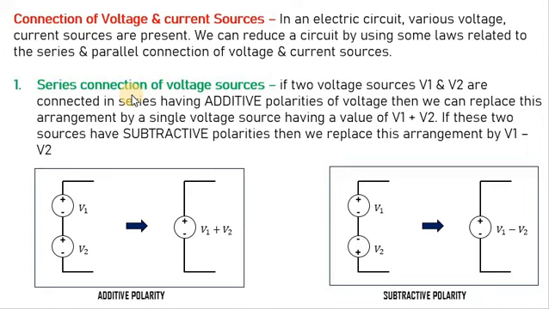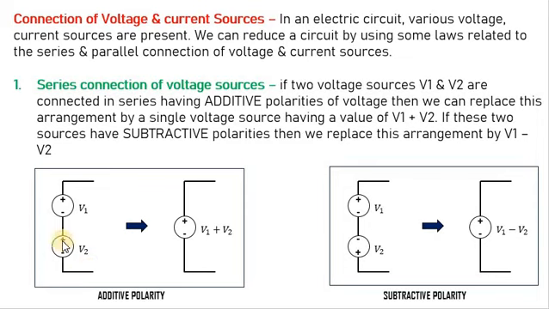So if I first talk about the series connection of voltage sources, in this figure you can see two voltage sources with a certain polarity. If the two voltage sources V1 and V2 are connected in series and have additive polarities, what do you mean by additive polarities?